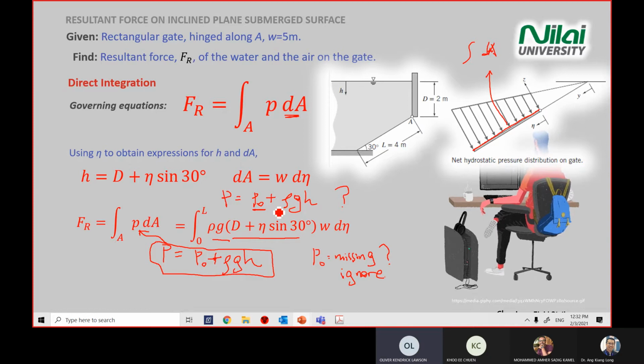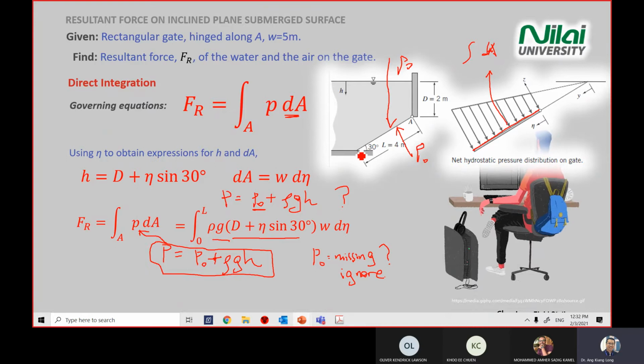Is it because the force acting is on a submerged surface? 50% correct. There's one more point that you need to elaborate on. So there's no atmospheric force acting on it? Yeah, because the P0 ambient pressure is acting on the top surface, and it is also acting on the bottom surface.